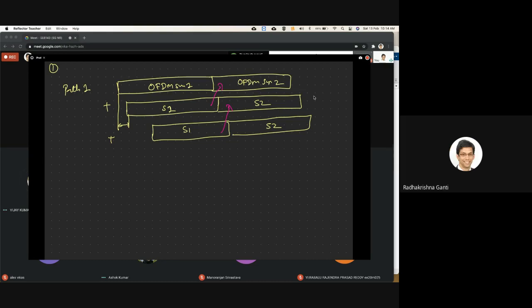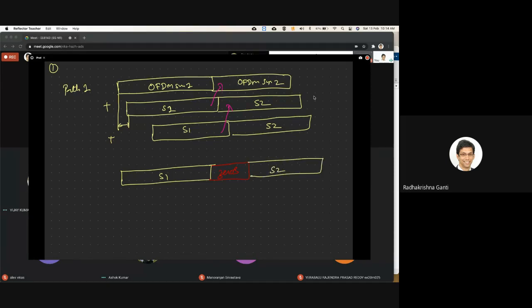What are the different ways of avoiding this? One simple way is to put a guard: I send symbol 1, then a bunch of zeros, like Sai Pranay told, and then I send symbol 2.